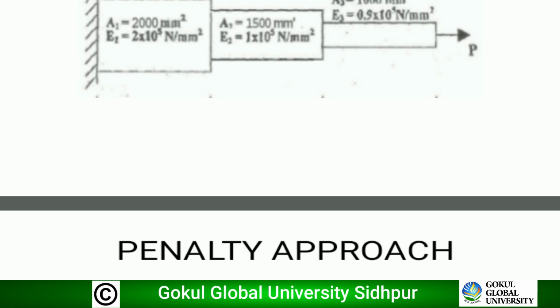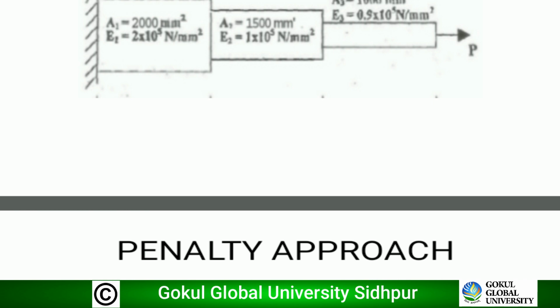The penalty approach is easier compared to the elimination approach. You can easily calculate it if you are aware of the node numbers with C. C is equal to the maximum term from the global stiffness matrix multiplied by 10⁴, which is added at the fixed node, so from there you can calculate the unknown displacements Q1, Q2 and Q3.